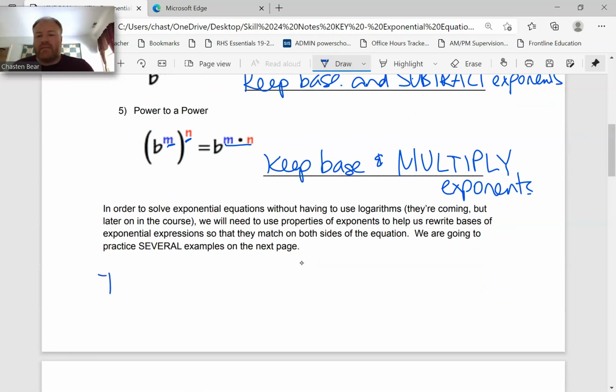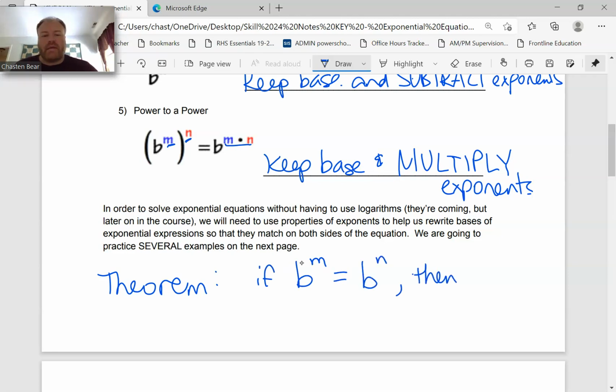There's a theorem that says that if b to the m equals b to the n, then m has to be equal to n. This should seem pretty straightforward: if you have the same bases raised to exponents and the two sides are equal to each other, then the exponents should be equal.